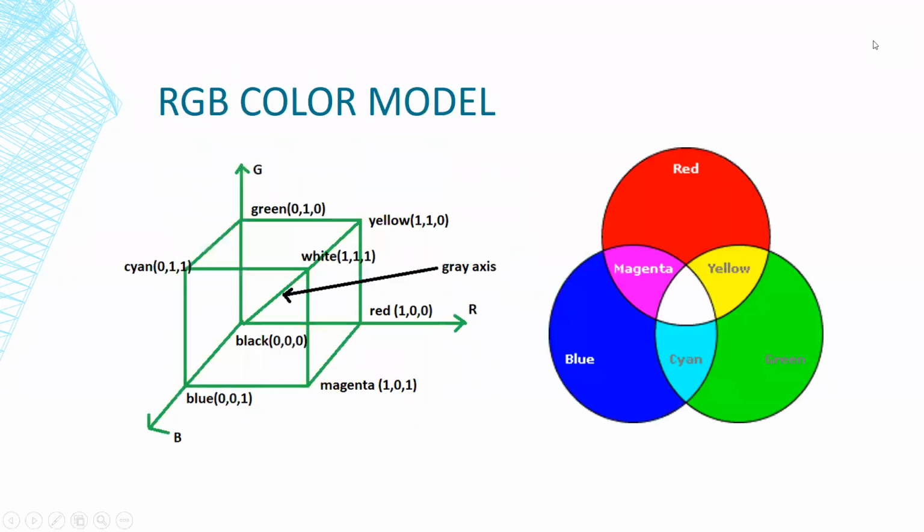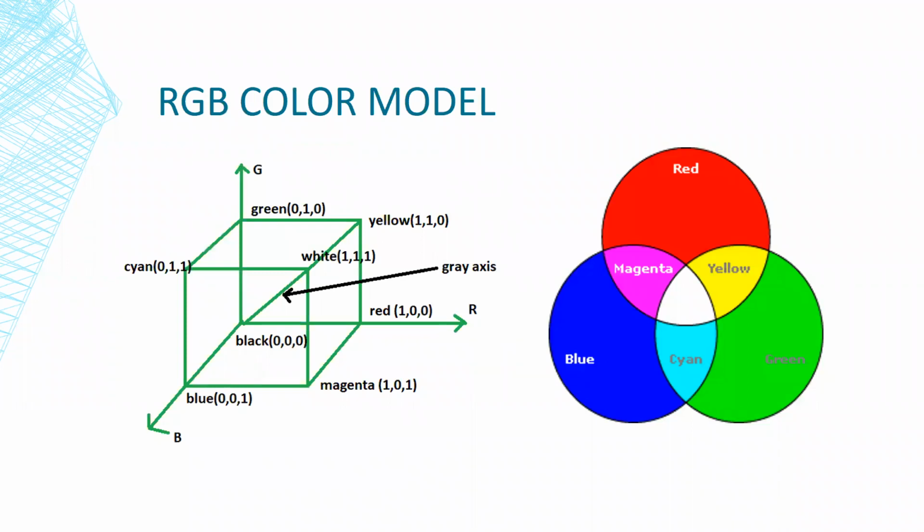So now let us see the RGB color model. According to the tristimulus theory of vision, our eyes perceive color through the stimulation of three visual pigments in the cones of the retina. One of the pigments is most sensitive to light with a wavelength of about 630 nanometers, that is red.